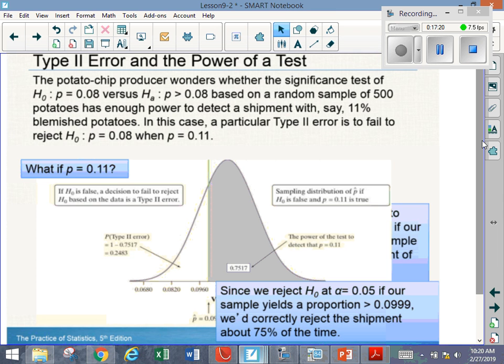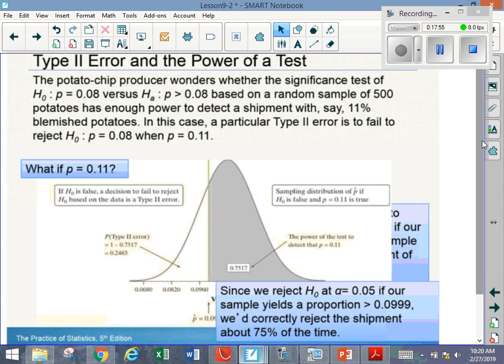They take a sample of 500 and they're looking for blemished potatoes. So we're wondering if this test has the power to detect a shipment with 11% blemished potatoes. So would we fail to reject that the proportion is 0.08 if the actual proportion was 0.11, all right?